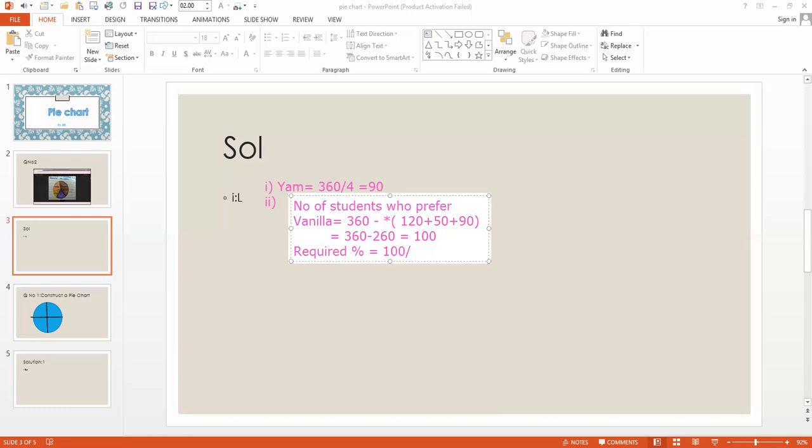And by the total students. For total, in case of a pie chart, whenever the word total is used, how many degrees come to your mind? 360. And obviously we are finding a percentage, so we have to multiply it by 100%. After solving, it is equal to 27.7%.